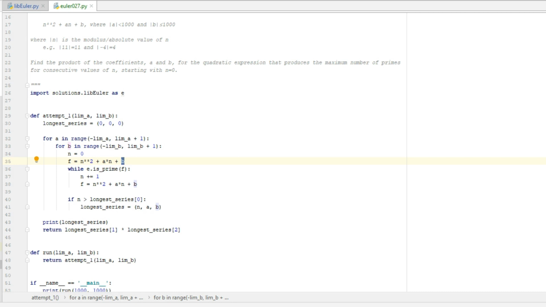That means that instead of doing this, because we are not interested in negative numbers at all, negatives are not primes.